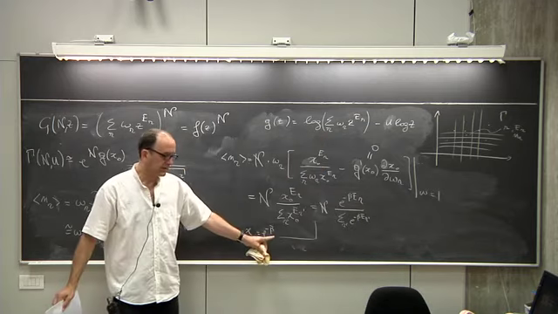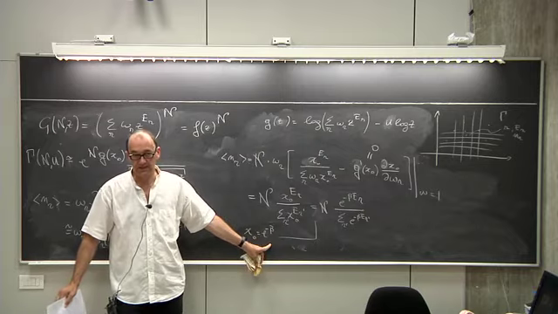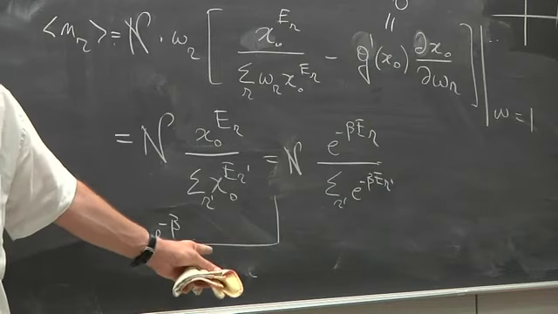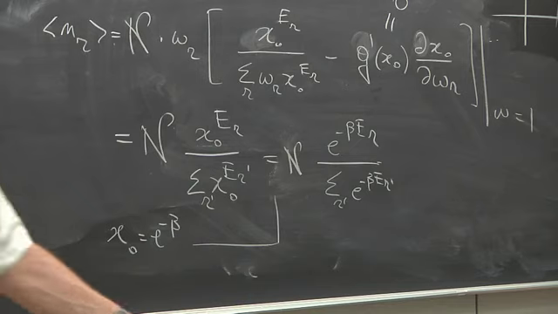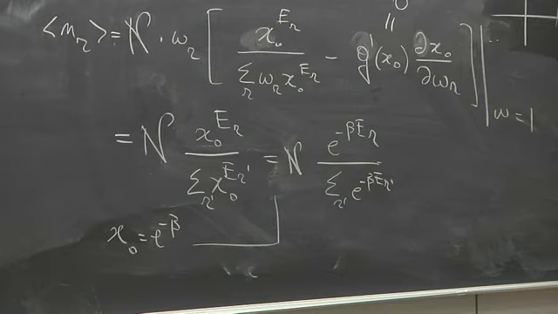And the equation which fixes beta is exactly the same as the equation which fixes beta in the previous calculation, where we were looking for the most probable values of this n r. Okay?